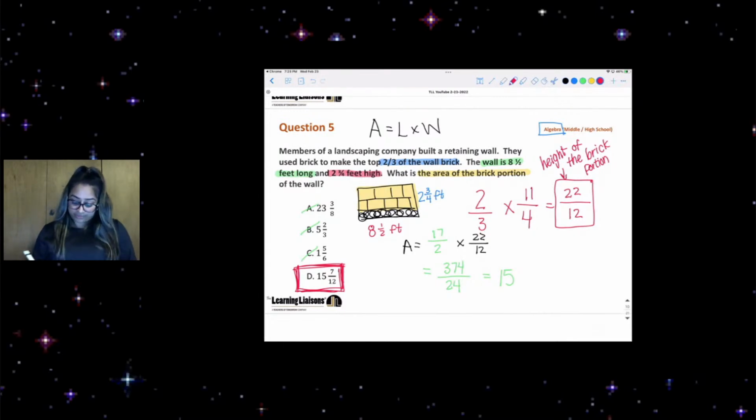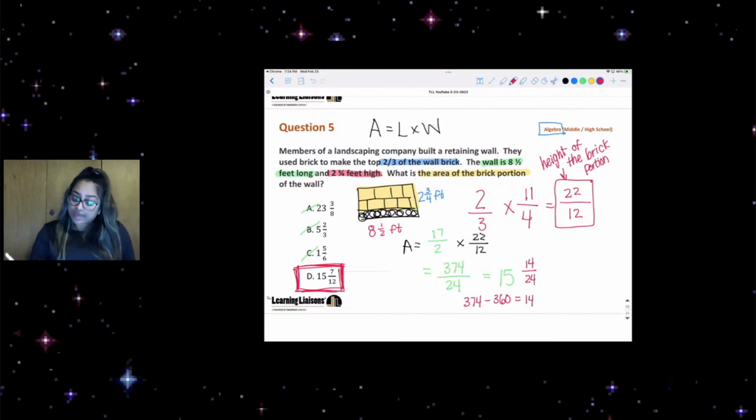Okay, well, 15 times 24 actually gives me a 360. So when you subtract that from the numerator, you get how much you're left over with. So you'll have 14 over 24 left over.